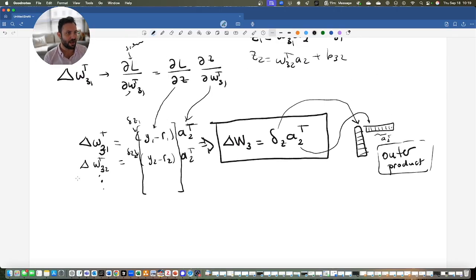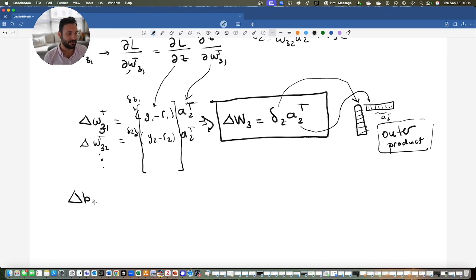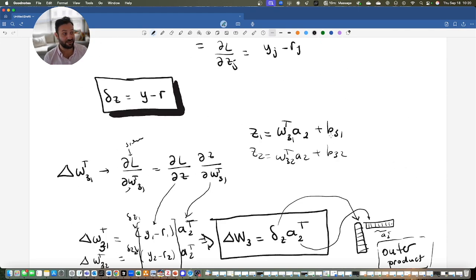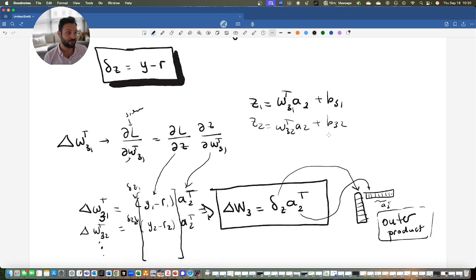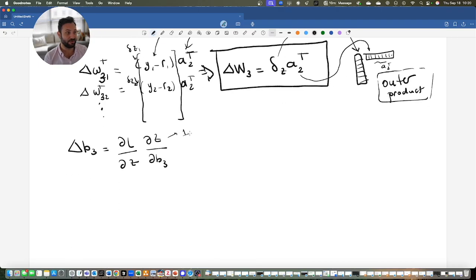And similarly, I could calculate delta B3, which is dl over dz and dz over db3. You see that b3 is not multiplied with anything when calculating z, so its derivative is always 1. Therefore my delta b3 becomes dl over dz, which is nothing but delta z.